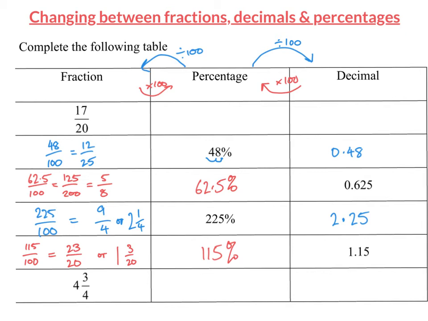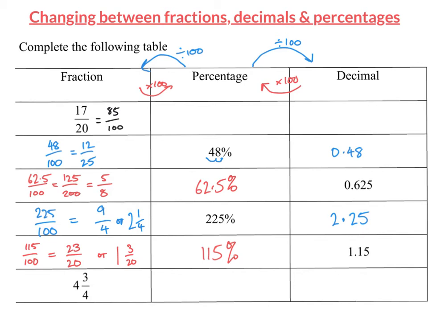Sometimes when we're starting with fractions, it can be a wee bit trickier, but there are some tricks. You can just multiply by 100 each time. That's fine. But another way of thinking is, okay, can I write this with a denominator of 100? If I multiply the top and the bottom by 5, I get 85 out of 100.